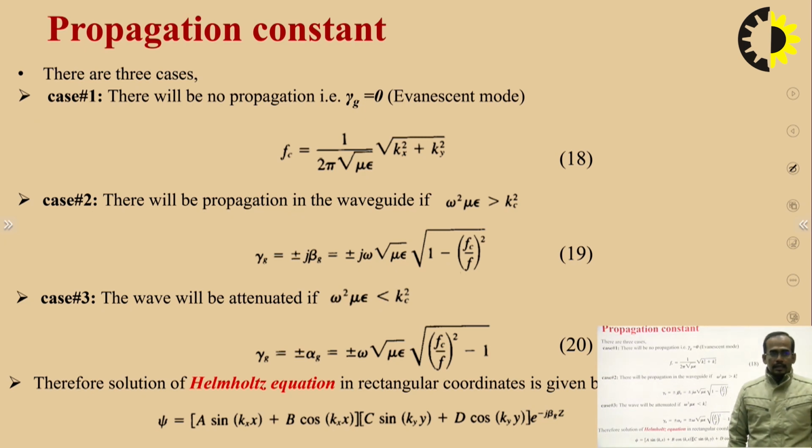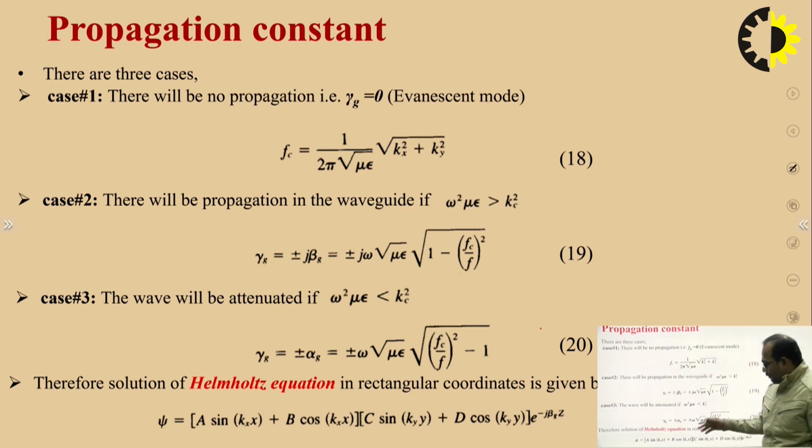In that case, gamma z will be equal to plus minus j beta z, so the value of gamma z will be plus minus j omega under root mu epsilon under root 1 minus fc upon f whole square. In case 3, the wave will be attenuated if omega square mu epsilon is less than kc square. So gamma z is equal to plus minus alpha z, and this will be equal to this.